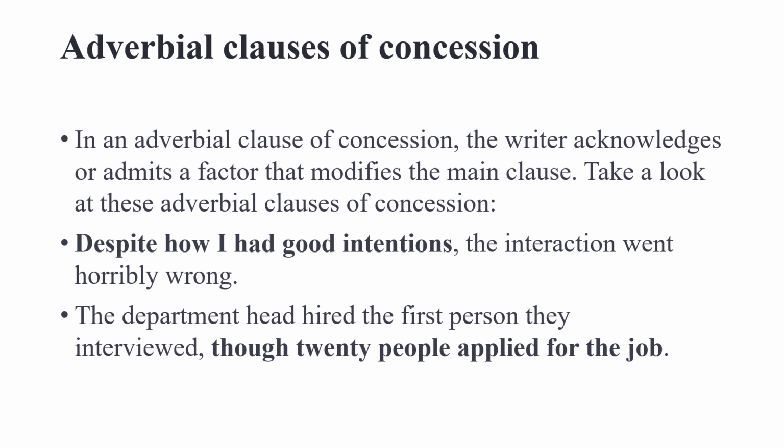This clause, "though 20 people applied for the job", starts with "though", which is a subordinating conjunction, so it is a dependent clause because it depends on the previous clause. It is also an adverbial clause of concession, admitting a factor. So that's why we call this type of adverbial clause an adverbial clause of concession.